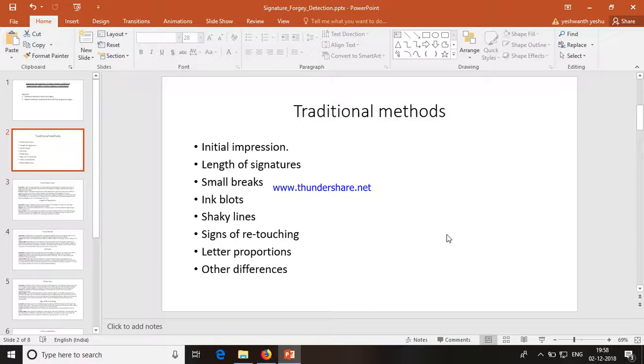Then we find out the length of signatures, the small breaks between the letters or blocks in the signature, the unusual ink blots, and whether there are shaky lines in the signature. We check for signs of retouching, that is, signs of lifting the pen and putting it down again. Then we find out proportions of the letter sizes, and look for other differences that are not in common with the genuine signature.